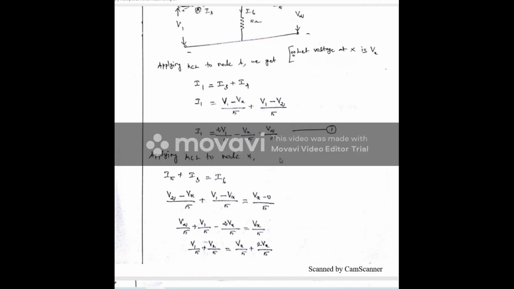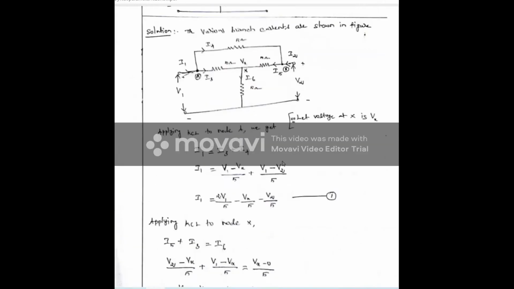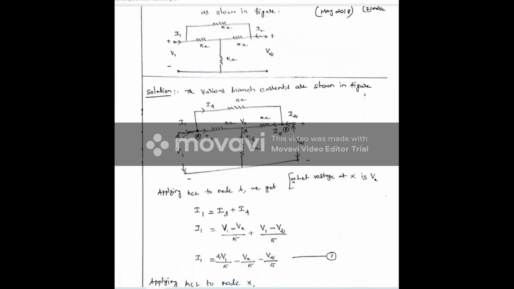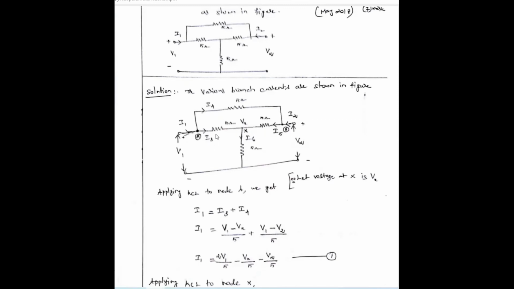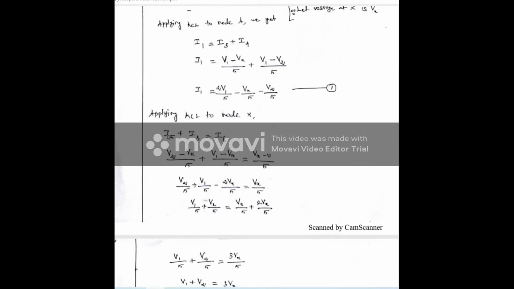In order to calculate this Vx value, we have to apply the KCL equation for this node X. So what is the KCL equation for node X? For node X, I3 is the incoming current, I5 is the incoming current, I6 is the outgoing current. So I3 plus I5 is equal to I6. Correct? So what is I5?